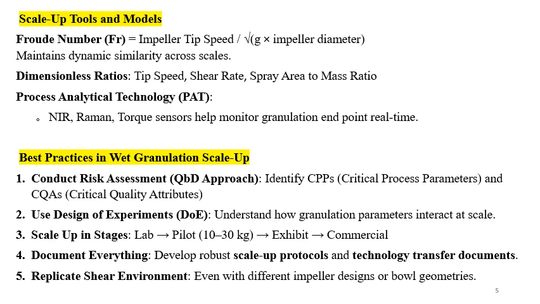There is a calculation, but know that you cannot always do scale up by Froude number, but the understanding should be there so that we can maintain the parameters for the scale up batch, which can lead to the formation of good granules, and the batch should get compressed, or the granules or blend should get filled into the capsules.